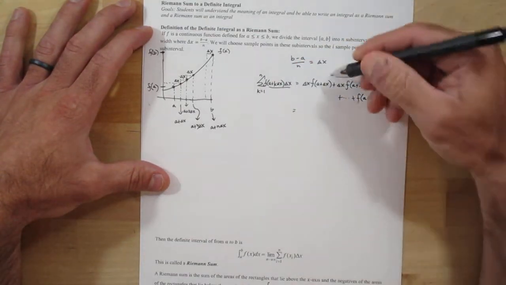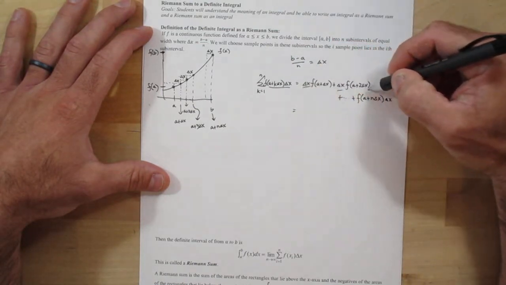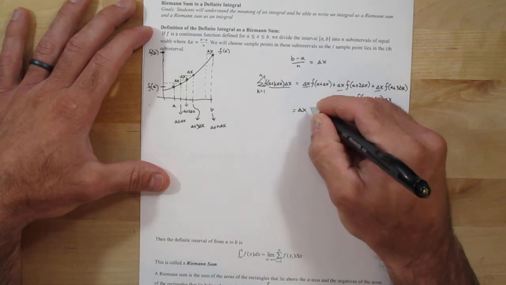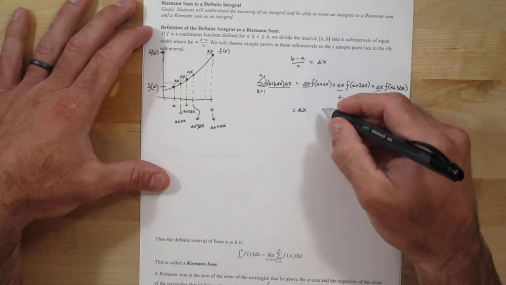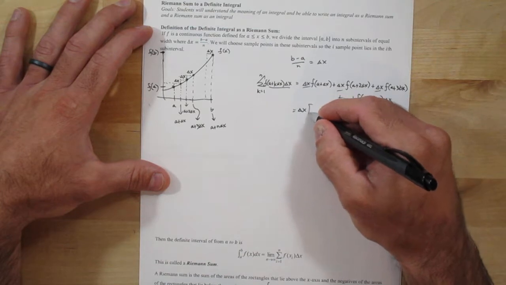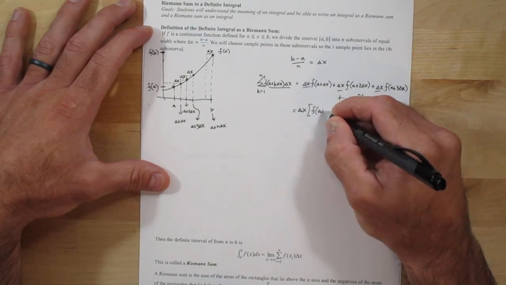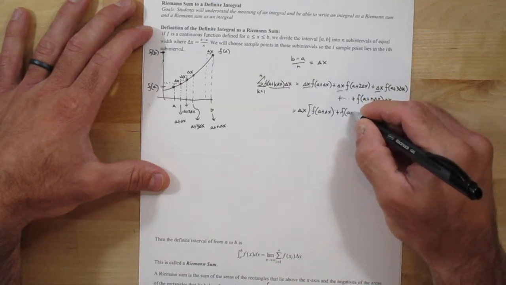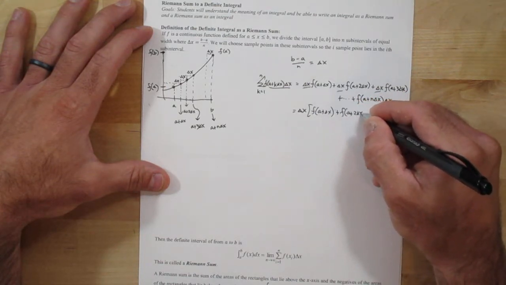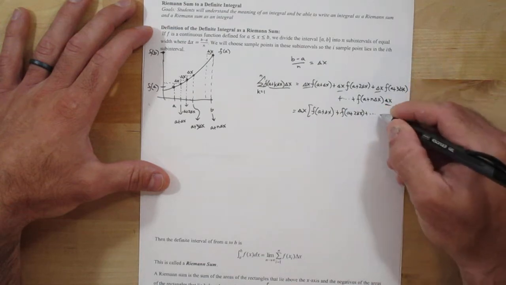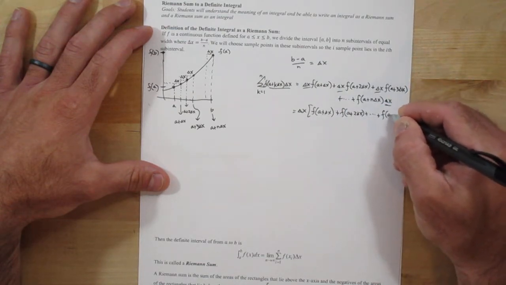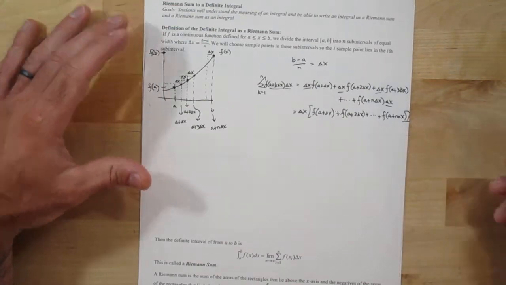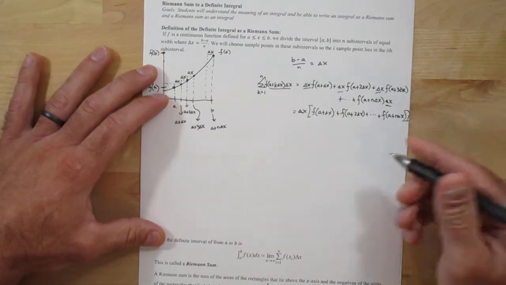What we can do is notice that each of these has a delta x involved. So I'm going to pull a delta x out and leave the rest. So f of a plus delta x plus f of a plus 2 delta x plus, I'm going to skip the third one and just fit this all in, f of a plus n delta x. All right, that's a right Riemann sum.